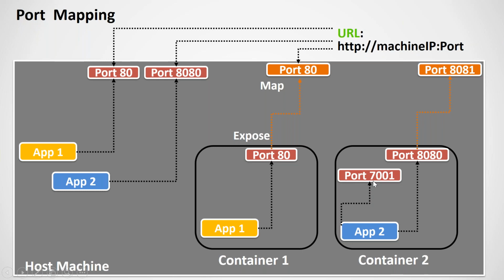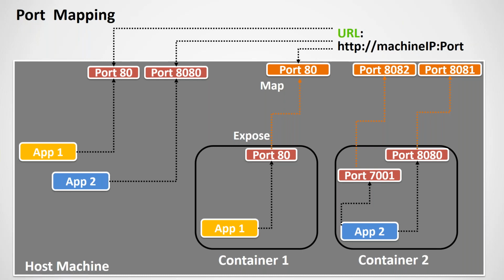So now again, if you want to expose this and map it to the host machine, we need to first know, do we have the same port available on the host machine? If not, whatever port is available on the host machine, that will be mapped. So if you want to access this application through port 7001, then from the host machine, if you reach 8082, internally that will be mapped, allowing you to access 7001.